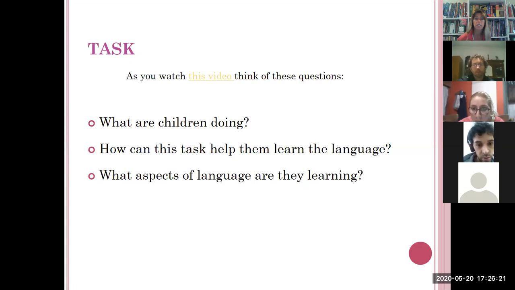I wrote: children are guessing, learning, practicing animal parts, describing, using the language, playing while learning, and using cognitive skills. Okay, all right. Good. Lots of things. Very good, Didi. Who else?